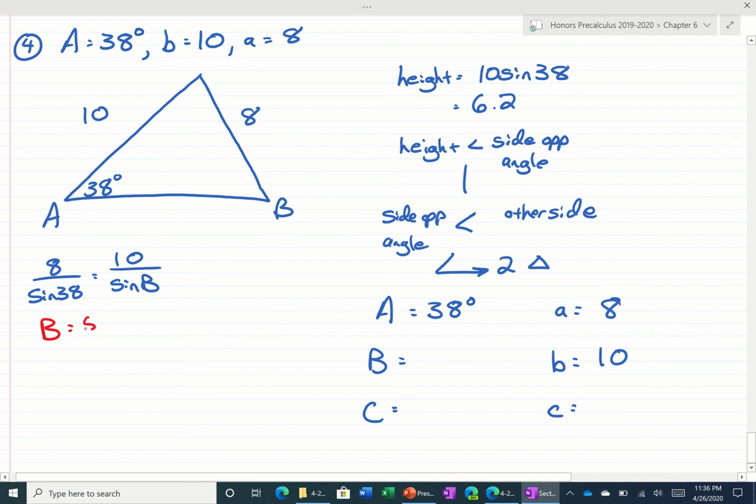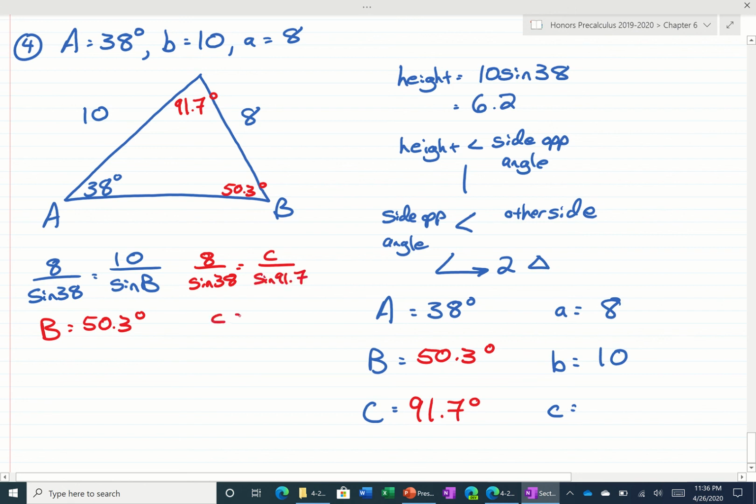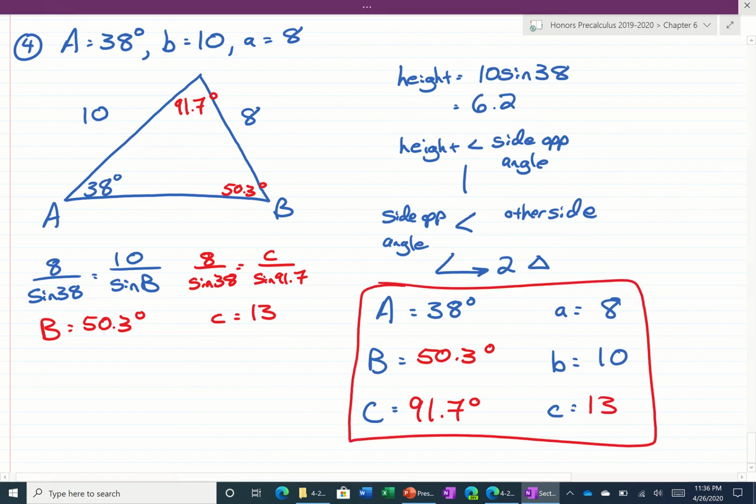You'd get that angle B is 50.3 degrees. 180 minus those would give you angle C is 91.7 degrees. And then if we do law of sines again with 8 over the sine of 38 and set that equal to side C over the sine of 91.7, we'd get that C is equal to 13. Taylor Swift's favorite number. So that's the first triangle.